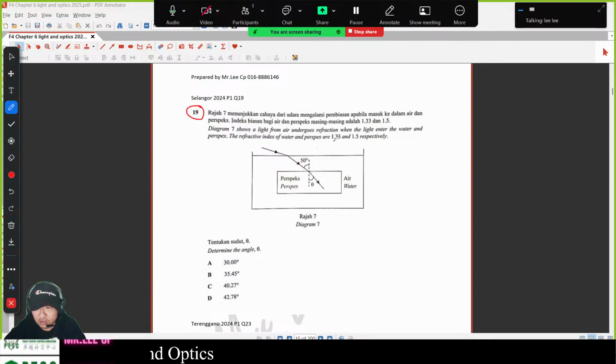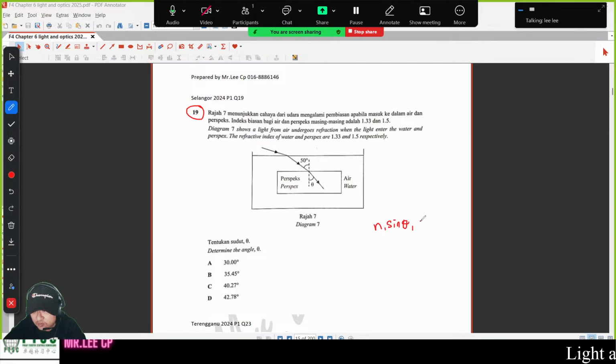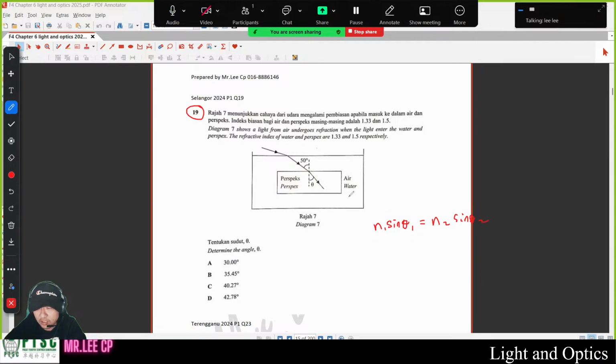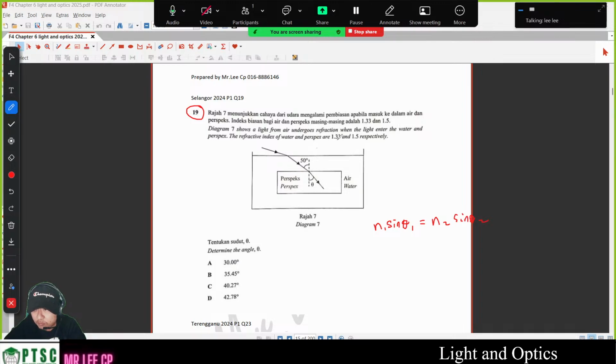So the refractive indices are 1.33 and 1.55. So this is N1 sine theta 1 is equal to N2 sine theta 2. Right? N1, the first one, N1, it is 1.33. Right?